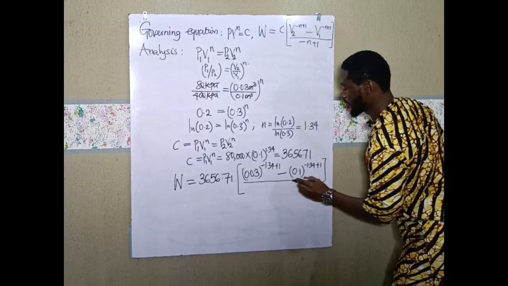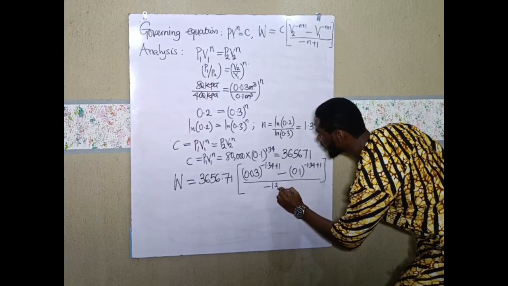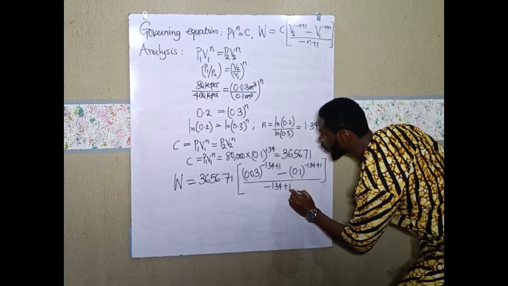Everything divided by minus 1.34 plus 1.